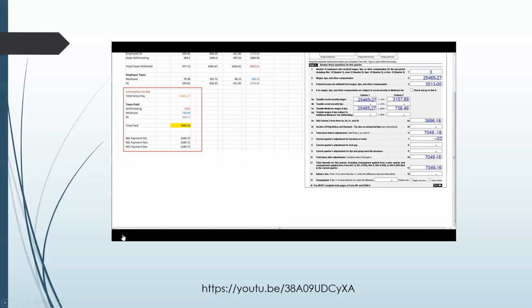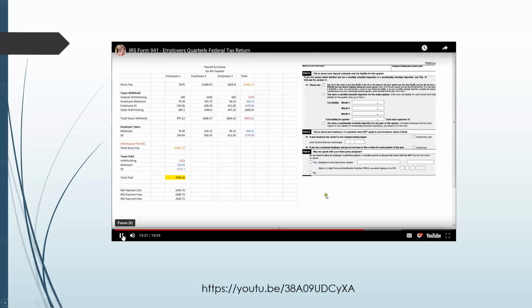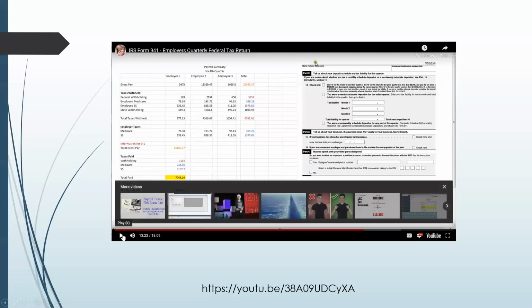Now there is another side, so if you go to the next page, there is a page 2 to this, but as things stand right now, our homework assignment does not include the breakdown for you to complete page 2. So I'm going to go ahead and stop right here because this was a long video anyway, but I'm not going to go through page 2.